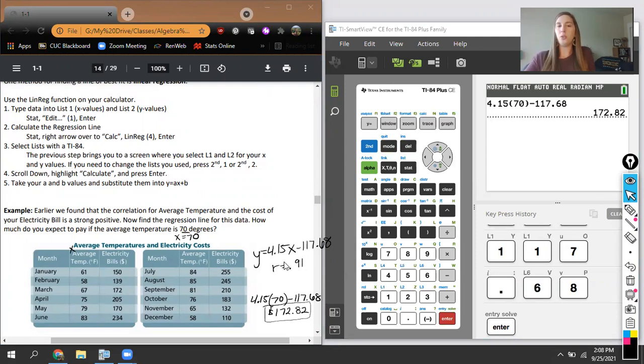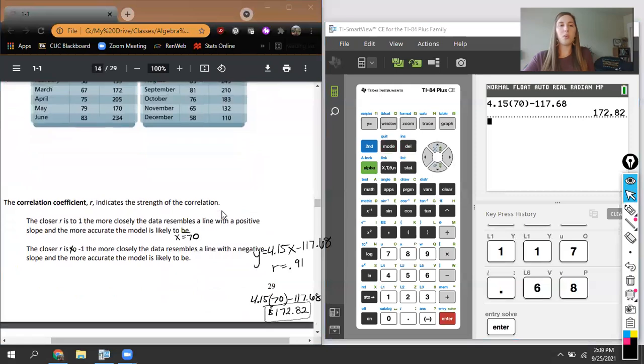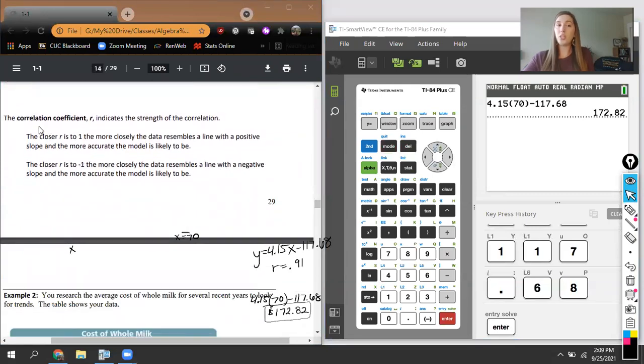Well, this R value of 0.91 tells you how close you are to what it actually will be. If you go down to where it says correlation coefficient R, that indicates the strength of the correlation. The closer R is to 1, the more closely the data resembles a line with a positive slope, and the more accurate the model is likely to be. So R is always between -1 and +1.